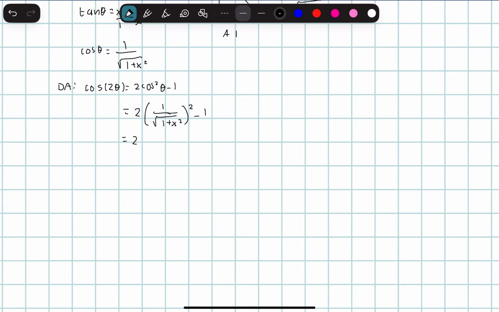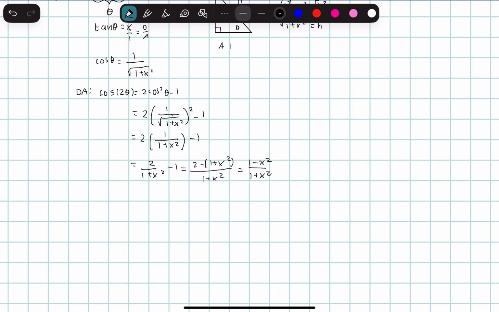That's going to be 2 over 1 plus x squared minus 1. Now it's going to be 2 minus 1 plus x squared over 1 plus x squared, and that's going to be 1 minus x squared over 1 plus x squared. And boom, that's the answer.